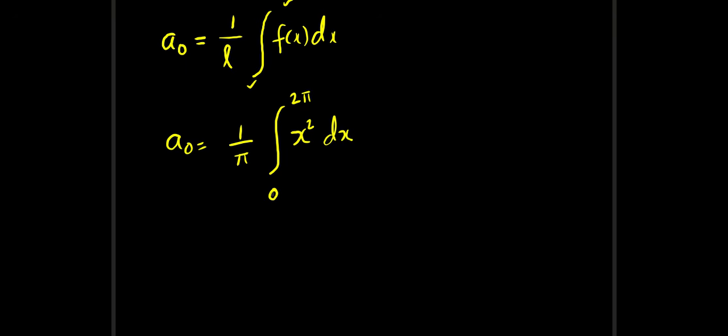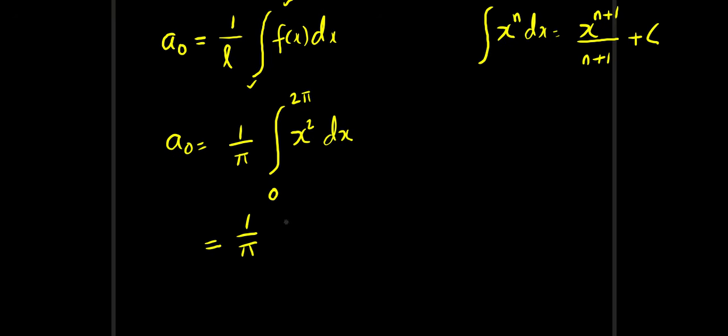Now it's just integration, and I'm sure that you know the formula. Integral of x power n dx is x to the power n plus 1, the whole divided by n plus 1, plus c. So let's substitute.